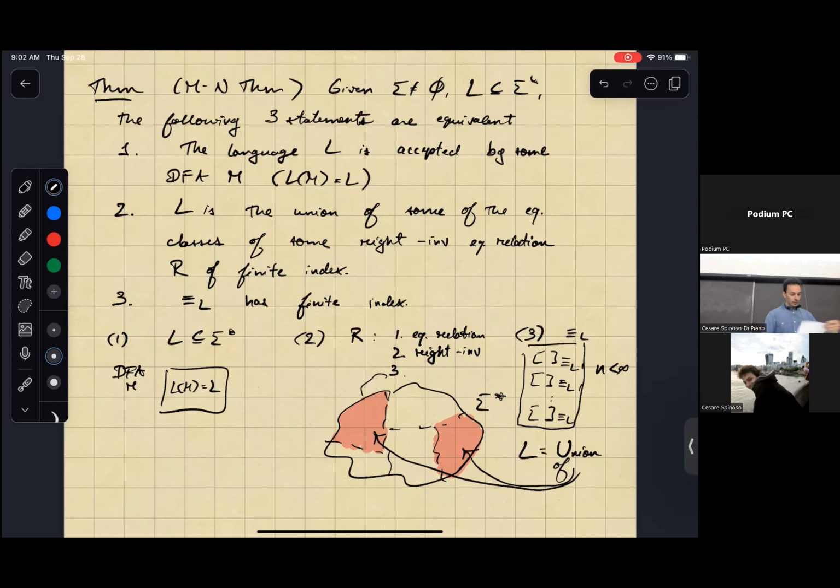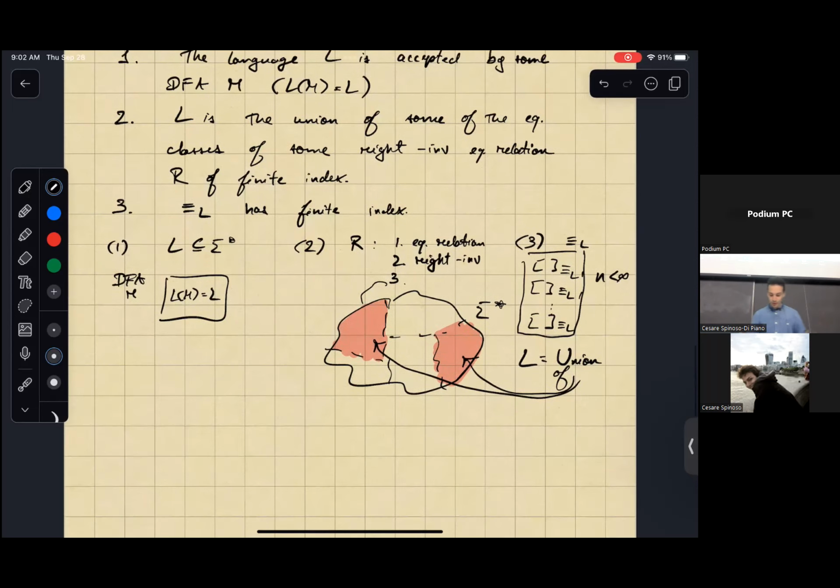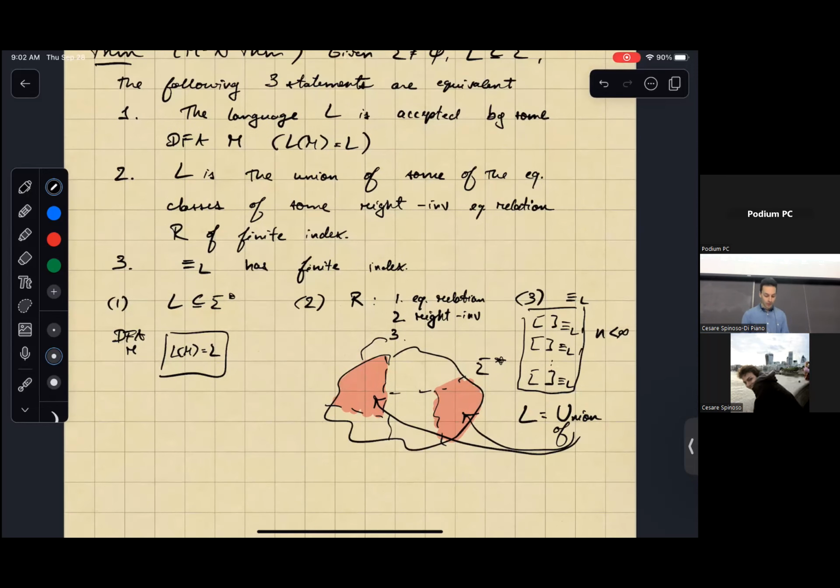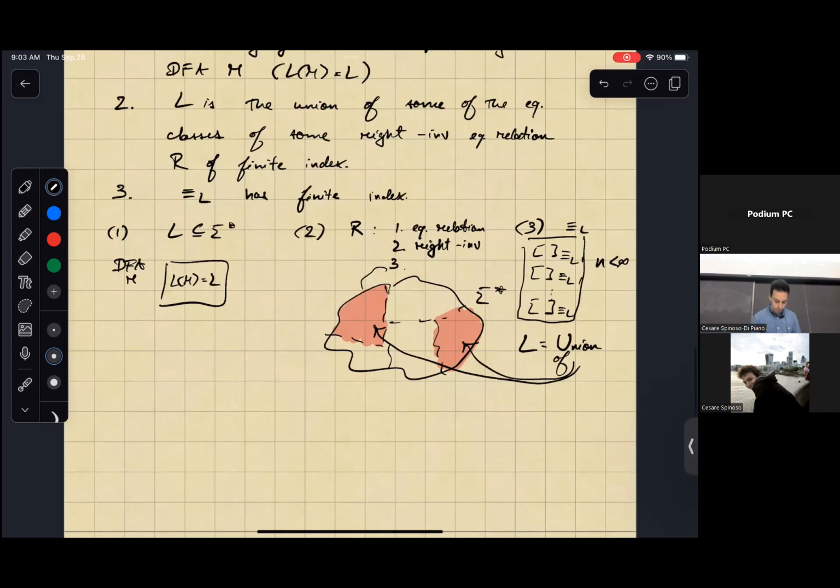All right. So let's go back to the serious business of proving this theorem. Because I have this theorem, now how am I going to prove it? So the proof is going to be in 3 parts. Because I'm saying that all these statements are equivalent, what I want to do is prove that 1 implies 2.